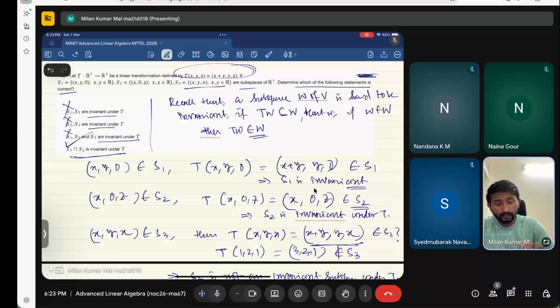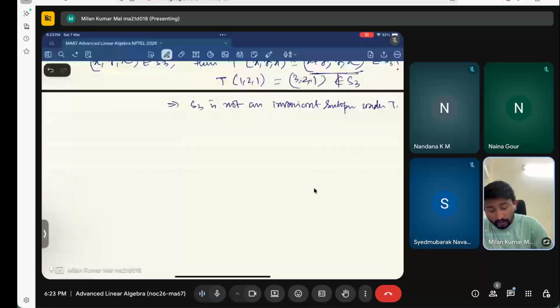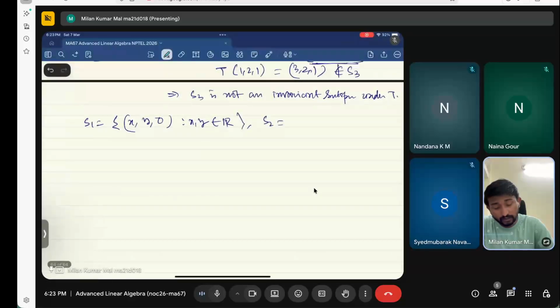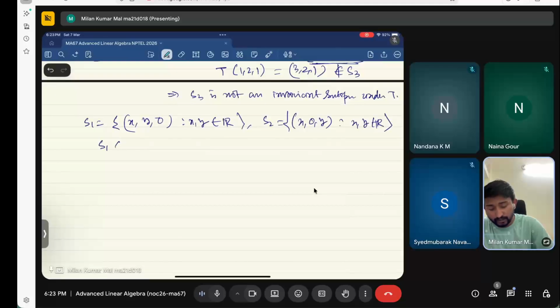But I have to check that S1 intersection S2 is invariant. Recall that S1 is (x, y, 0) such that x, y are in R, and S2 is (x, 0, y) such that x and y are in R. Now S1 intersection S2: S1 says the last entry is 0 and the first and second entries are arbitrary; S2 says the middle entry has to be 0 and the first and third entries are arbitrary.